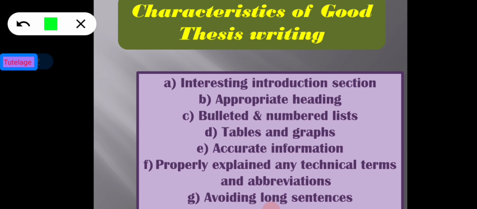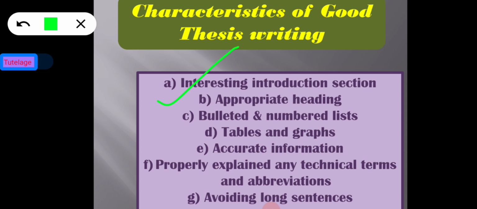A good thesis should begin with an interesting introduction section. It will create the first impression about the study, so it should have the ability to capture the interest of the reader. That's why an interesting introduction section is mandatory for any thesis or dissertation writing.